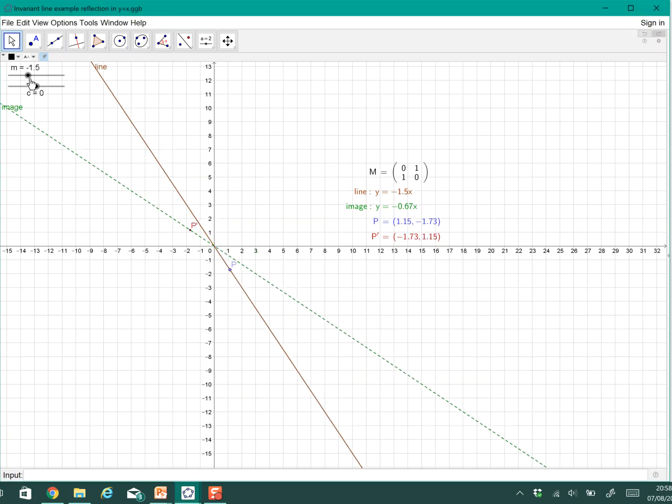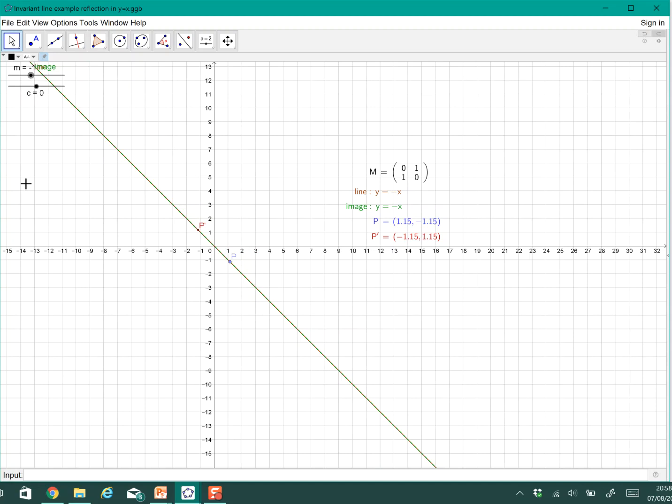If I change the brown line so that it's the line x plus y equals 0, you can see that the line maps to itself, but individual points don't map to themselves. This point P on the line maps to another point on the line. The only point that remains the same is the origin.